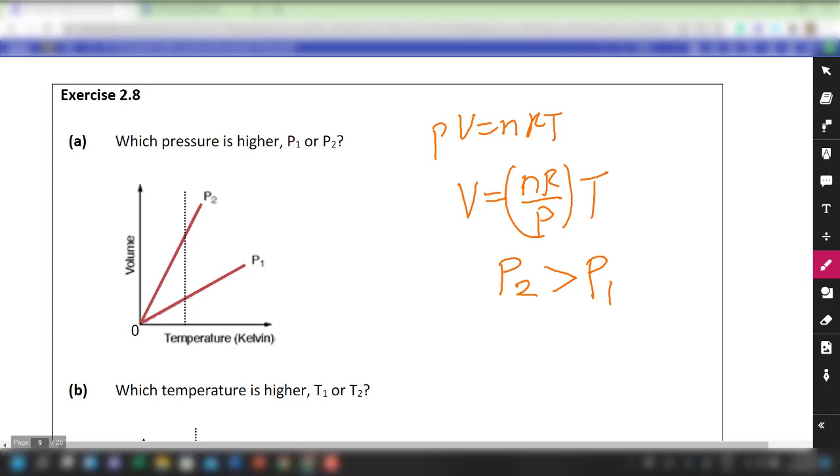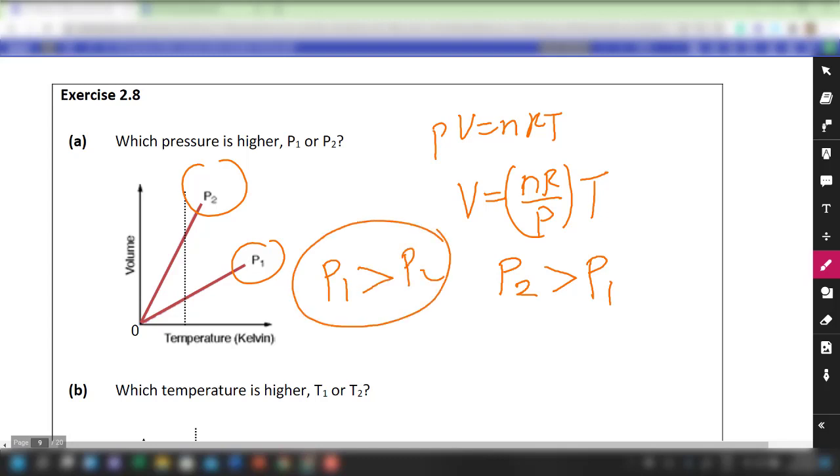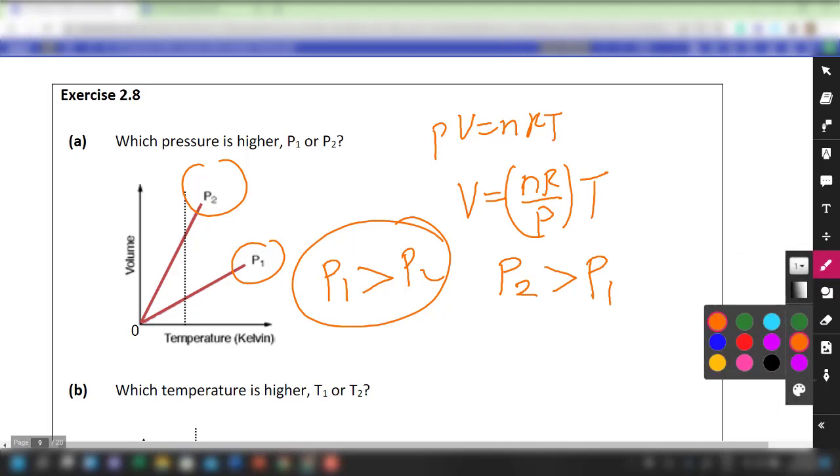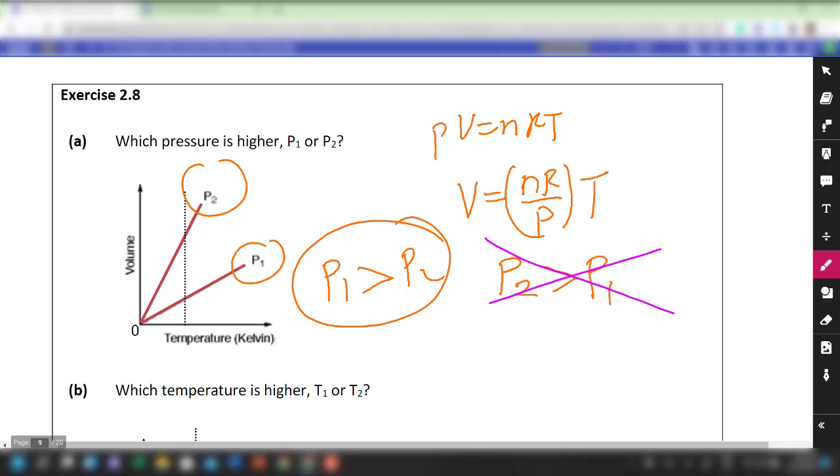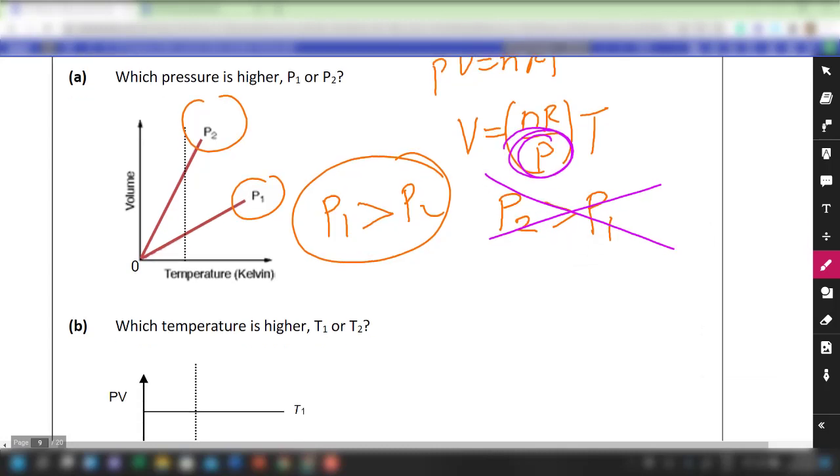So in this case, because the P1 gradient is more gentle than P2, I can conclude that P1 is of a greater value than P2 in terms of pressure. And of course pressure can only be positive. So my initial assumption is not correct. Would that be okay? I think you need to think through it on your own, especially when P is found as the denominator.